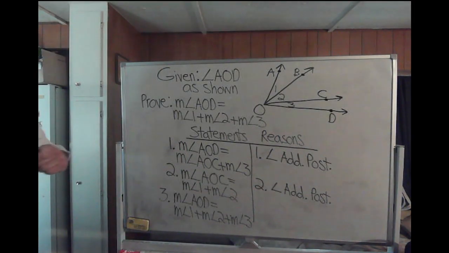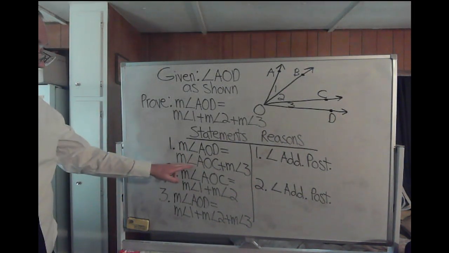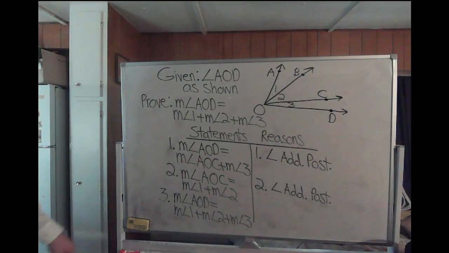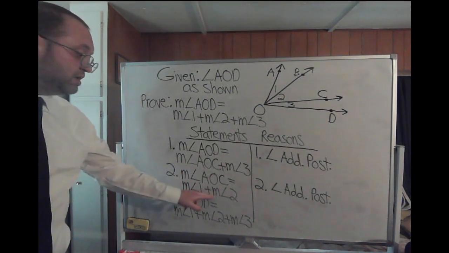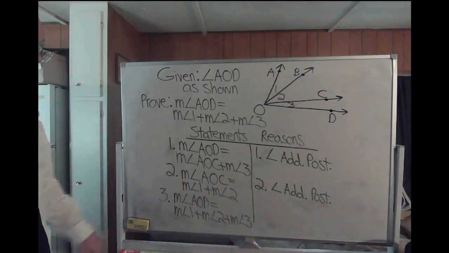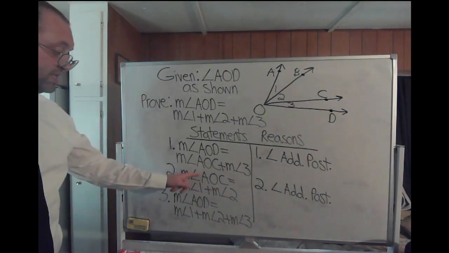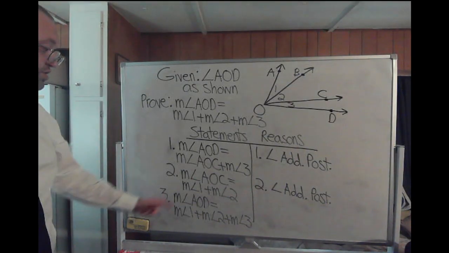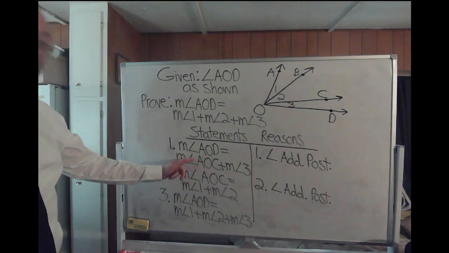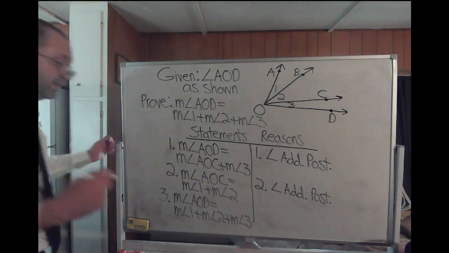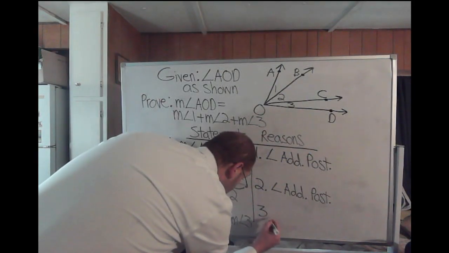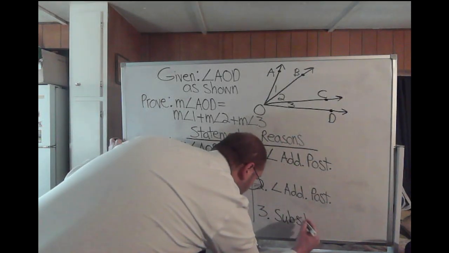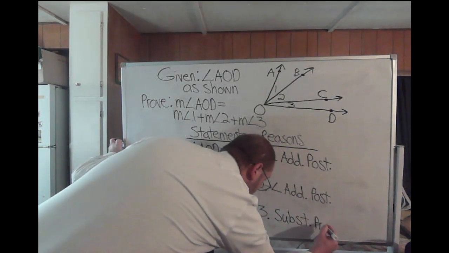Well, up here in step 1, we have the measure of angle AOC plus the measure of angle 3. Step 2, we have the measure of angle 1 plus the measure of angle 2 is equal to AOC. Well, if AOC and the measure of angle 1 plus angle 2 are equal, couldn't we simply substitute the measure of angle 1 plus the measure of angle 2 for the measure of angle AOC? So by the substitution property, we can prove this. This is by the substitution property.